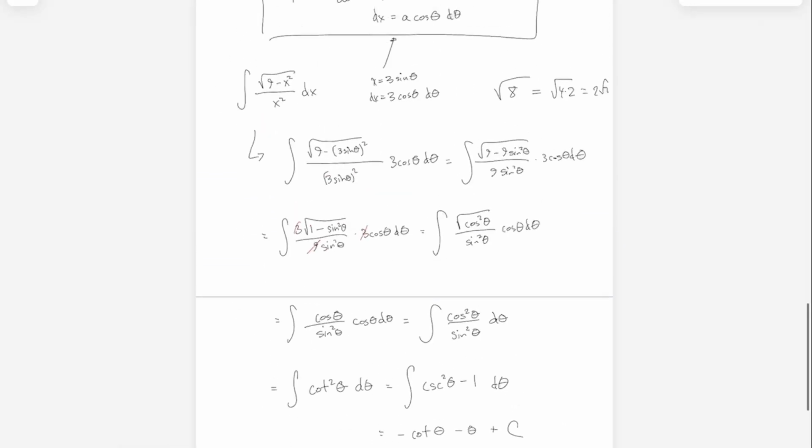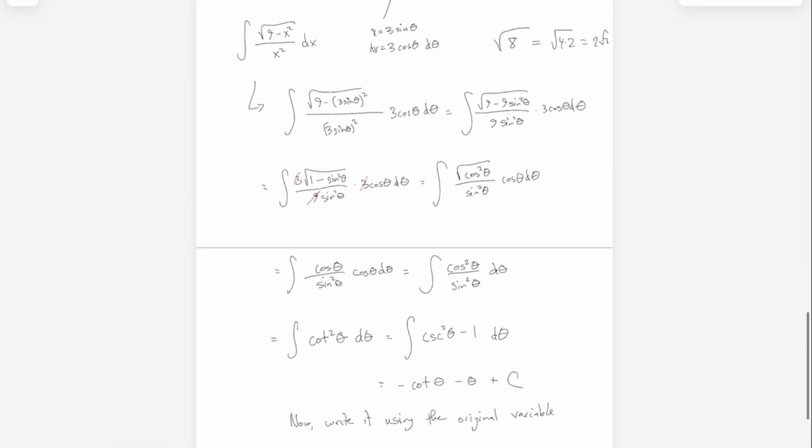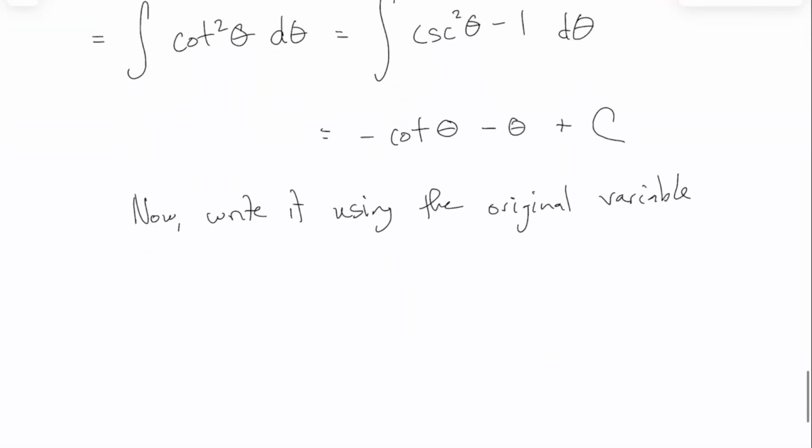Going back here, x equals 3 sine theta. This is not a convenient formula for theta in terms of x. We need to write theta as a formula in terms of x. So I have x equals 3 sine theta, and I want theta equals whatever in terms of x.